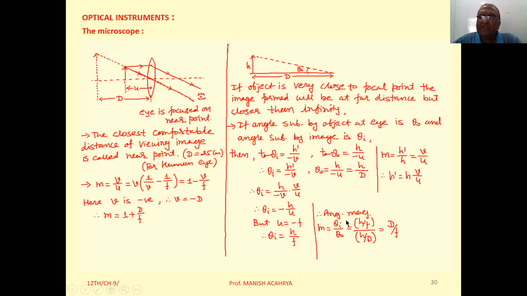So we can write magnification that is h by f upon h by d, so that is equal to d by f also. It implies that if d by f is large, then we can neglect this one and we can give the equation of magnification as d by f. Clear to all of you?